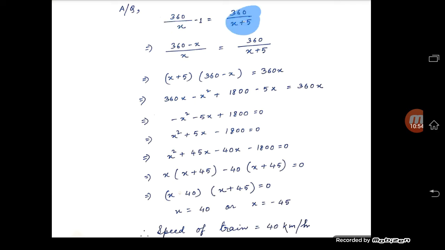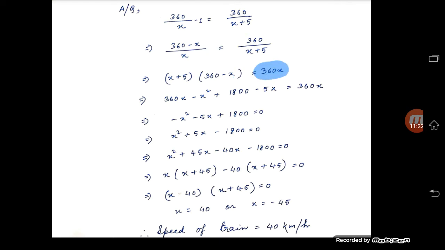Now we take the next step, x as LCM. So we are left in the numerator with 360 minus x. On the right side what we have is 360 by x plus 5. Now in the next step we cross multiply. x plus 5 into 360 minus x equals, on the other side, 360 into x.